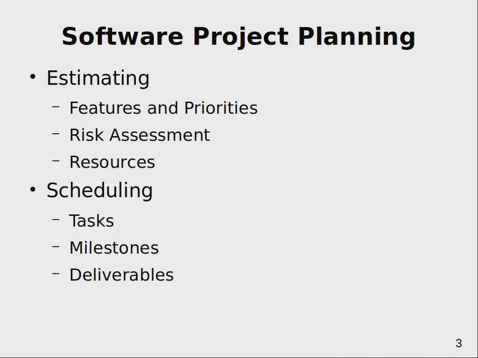But then, when you are closer to actually doing something, you still need to make more concrete plans, and parts of these plans are splitting larger activities into smaller tasks and assigning resources to these tasks.